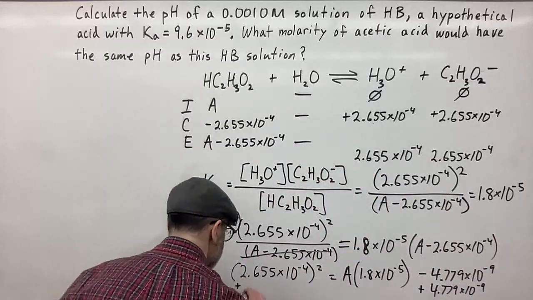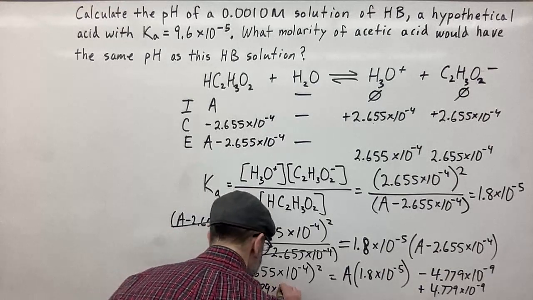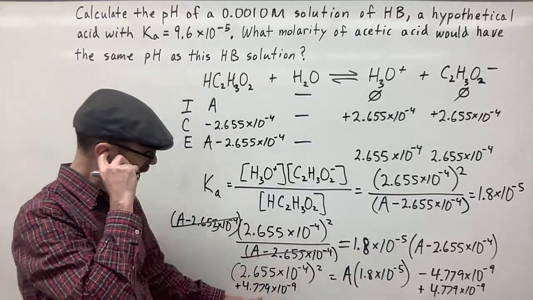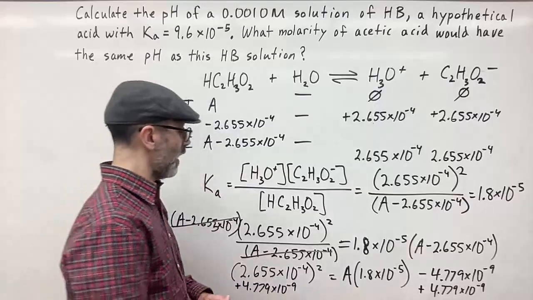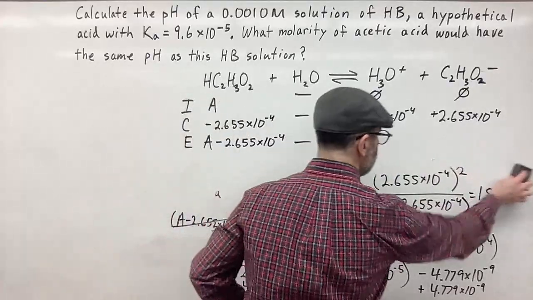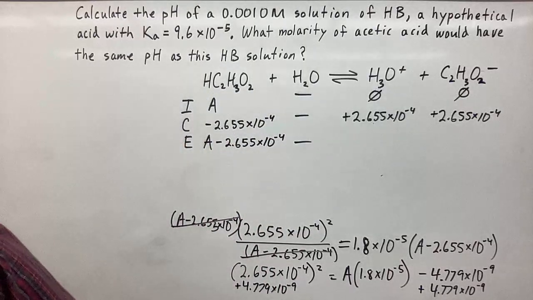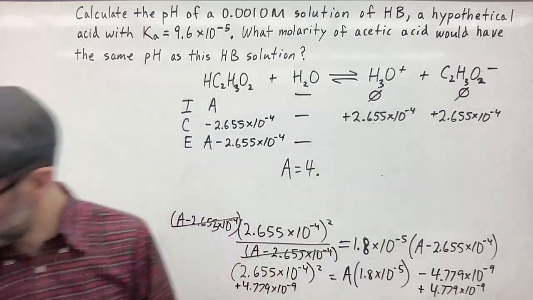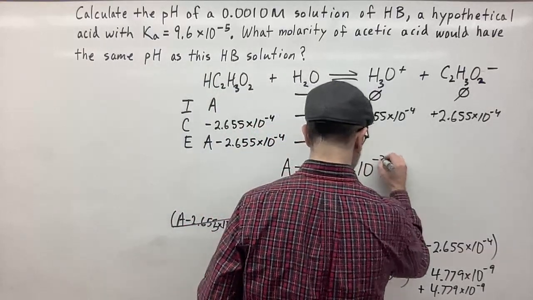So we take the square of that, add that number, and then we divide by 1.8 times 10 to the negative 5, and then we should get, finally, A is equal to 4.184 times 10 to the negative 3.